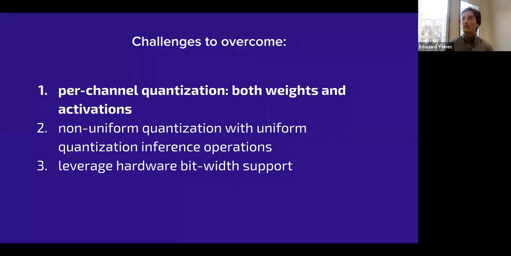Here, what we will see is how we can manage to have per-channel quantization on both the weights and the activations without actually cheating the process and without having to change the kernels, without having to do some heavy lifting. The second part will be about non-uniform quantization, and the last part is my personal favorite. Essentially, it's about leveraging your hardware to the fullest.